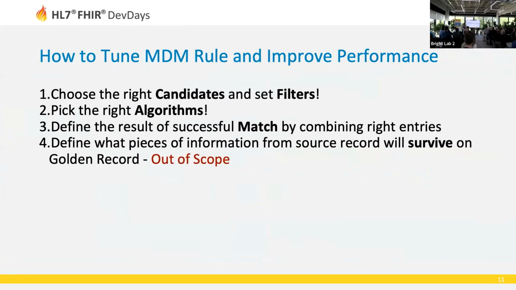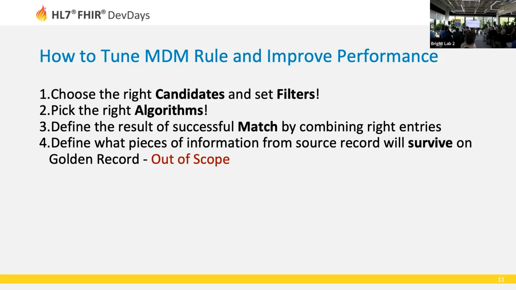So, how to tune the MDM rule and improve performance? You really have to choose the right candidates and set filters. Pick the right algorithms. Define the result of a successful match by combining the right entries.